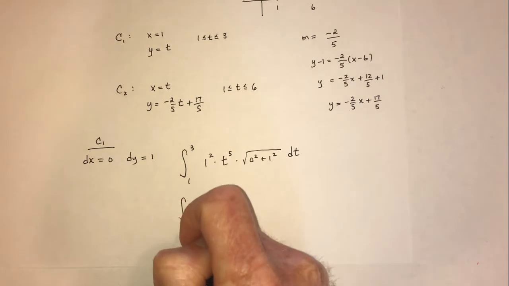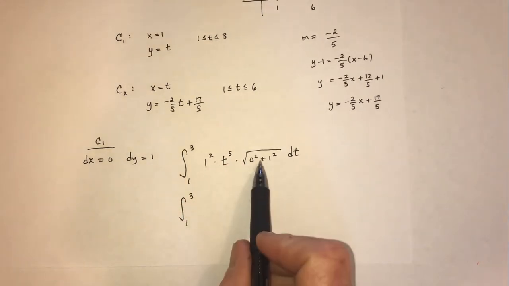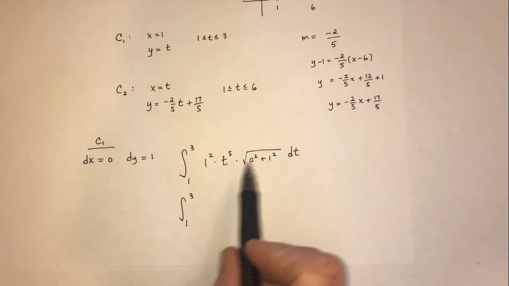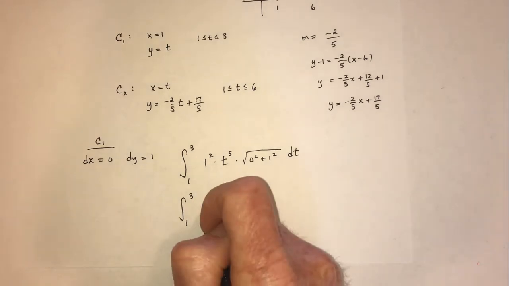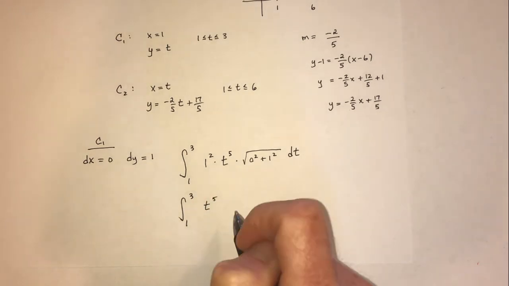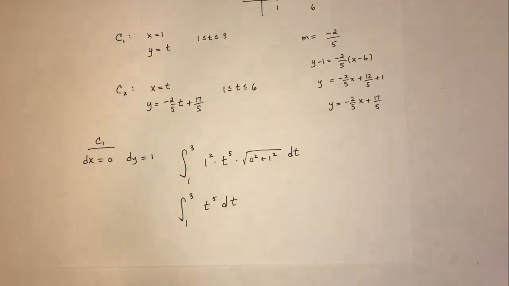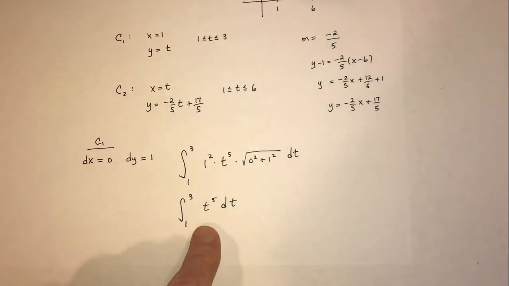So then this one is set up. Let me just clean it up a little bit. That's just a 1. So it's actually just integrate t to the 5th. And there we go. Since it said set up the integral, I'm now done with that one. Isn't that ironic? The easiest problem there is, and we're not even going to integrate it.